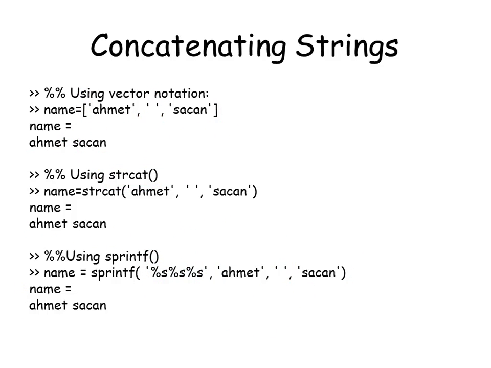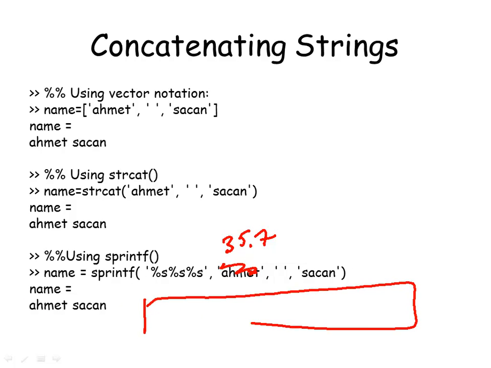So instead of a string, you could also write down, let's say instead of Ahmed, I have 35.7. Okay, so this will generate a string, no longer a number. Let's say this is %f, dot 7, and then space such.